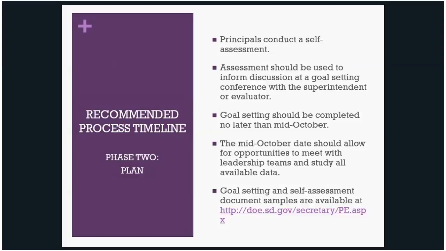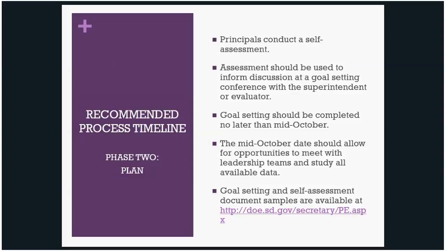Phase 2 is the planning phase, and in this phase, principals conduct a self-assessment. And if you're looking for a model for that, if you go to my bottom bullet on this slide, I've got a link to the DOE website. There are actual documents there that are self-assessment documents.